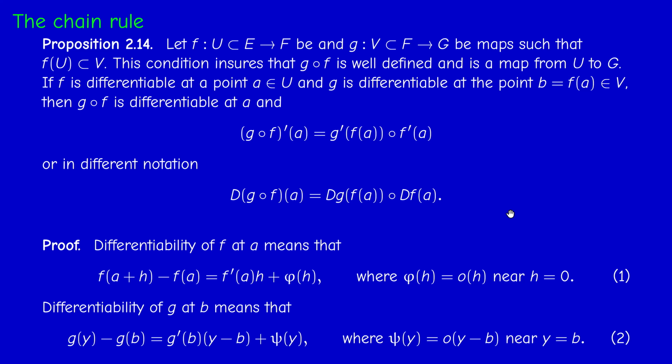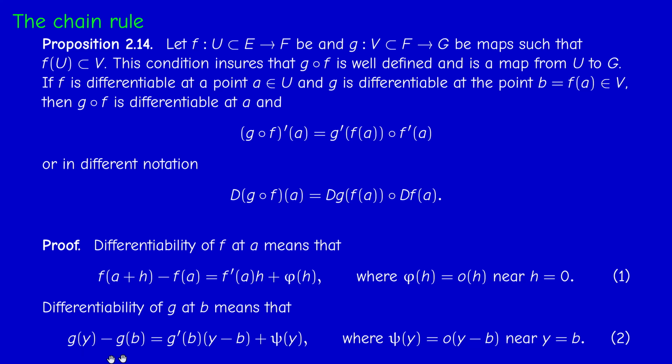And now we write similarly the differentiability of g at b, which is the image under f of a. We write it in a slightly different way. Instead of taking an increment h, I take the increment to be y minus b, but it's exactly the same thing. So instead of writing g of b plus k, I write g of y.